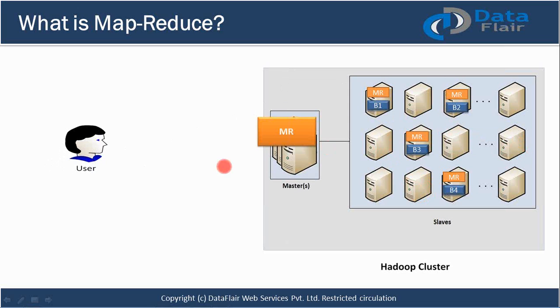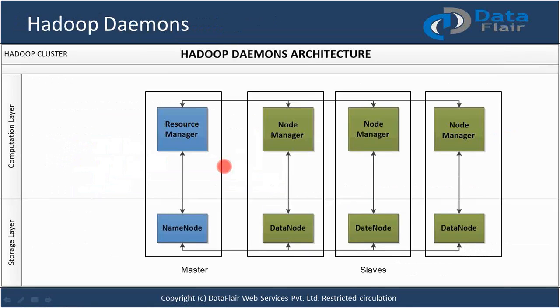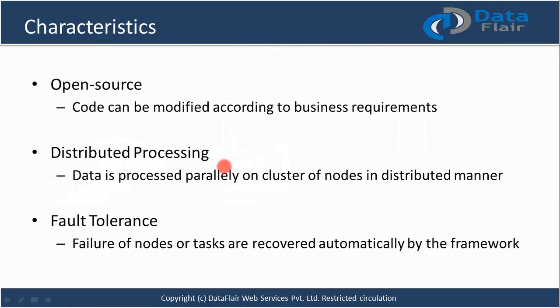Okay, so after the Hadoop daemon architecture, now the characteristics of Hadoop. First we have discussed. Now the second point, distributed processing. Data is processed parallelly on the cluster of nodes in a distributed manner, which we have already seen in the animation.